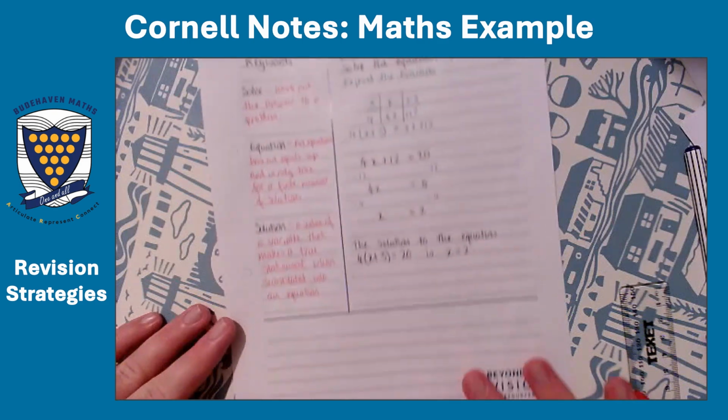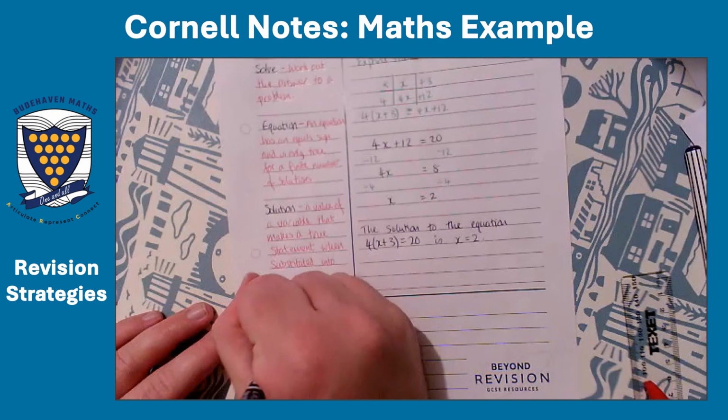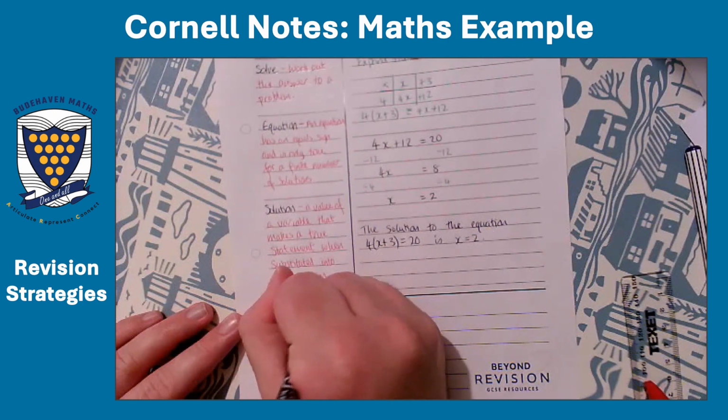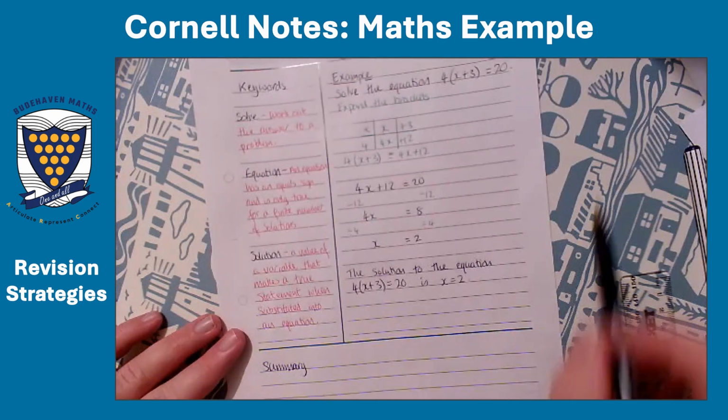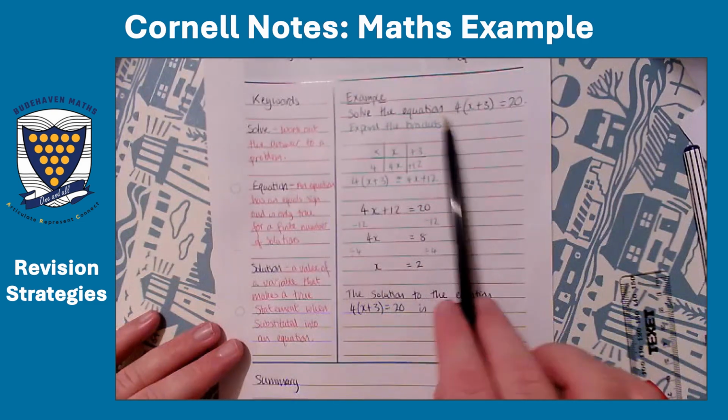And the last part of the Cornell Notes is the bottom box here, which is the summary box. And in here, I would summarise the key steps that we've done to solve this equation. Now here, the extra added bit is with the brackets.